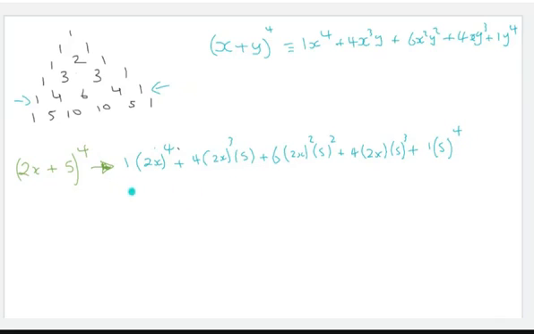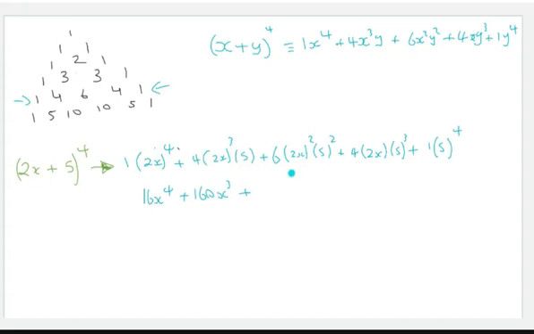And at this stage, all we have to do is just simplify. So the first term is going to be 2 to the power of 4, which is 16. So 16x to the 4. Next term, we have 2 cubed, which is 8, times 4 is 32, times 5 is 160. So 160x cubed.